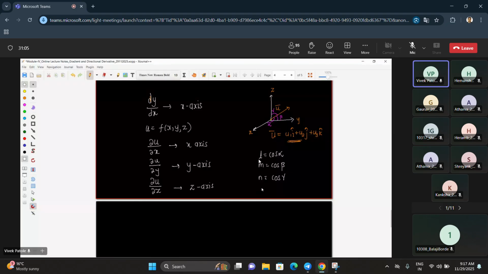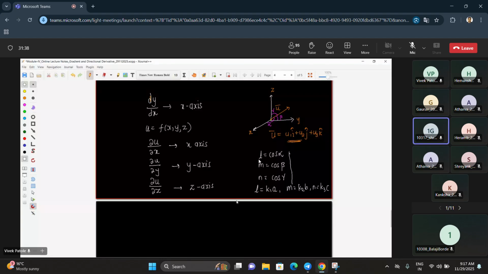So a, b, c are scalar multiples of l, m, n. l can be written as some k1 into a, m as some k2 into b, and n as some k3 into c. So a, b, c define the direction ratios, and l, m, n are called direction cosines.